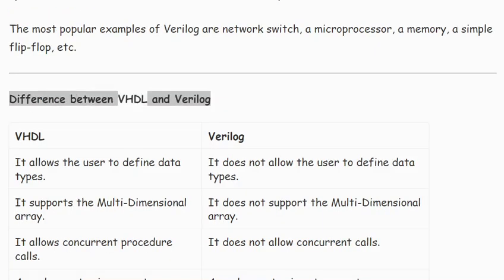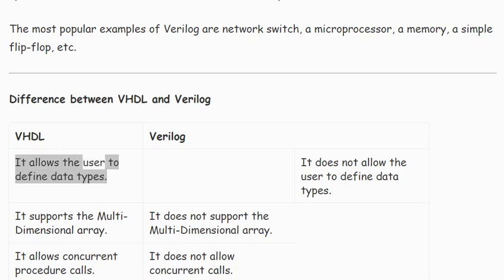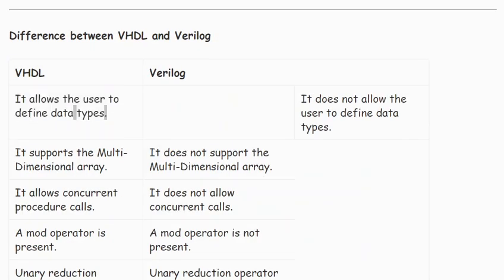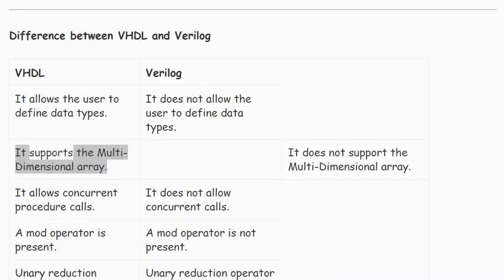Difference between VHDL and Verilog. VHDL: It allows the user to define data types. Verilog: It does not allow the user to define data types. VHDL supports the multidimensional array. Verilog does not support the multidimensional array.